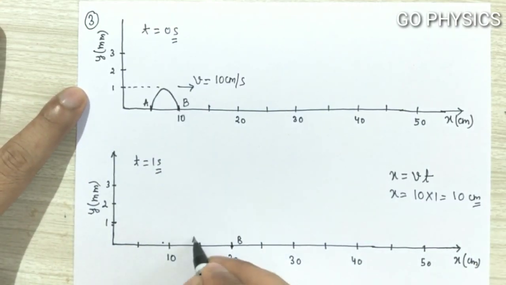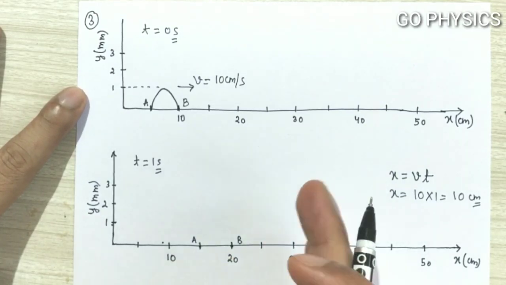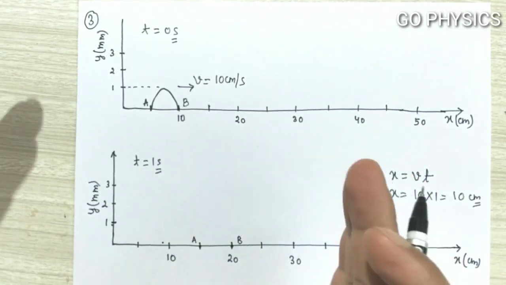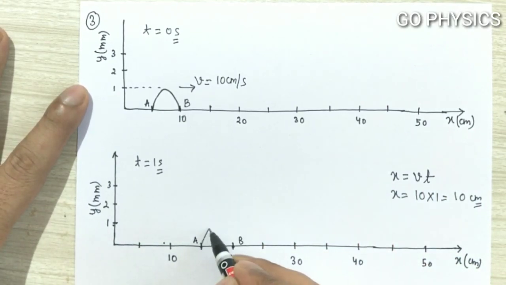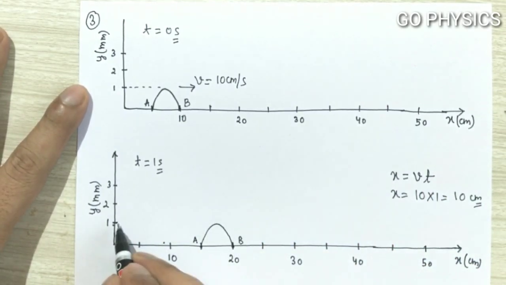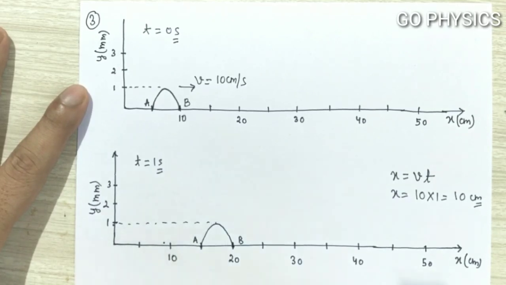So point A will come here. Since the shape of the wave pulse will not change, this will be the graph of the wave pulse at t equal to 1 second.